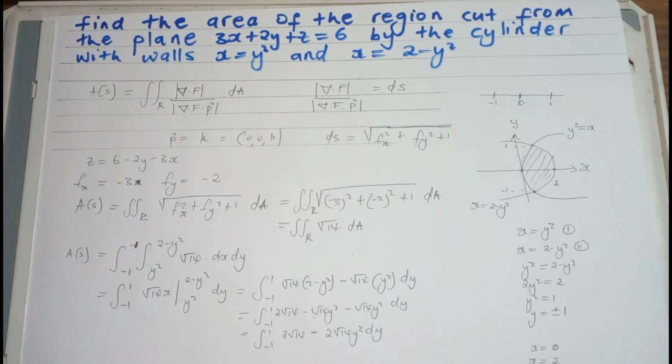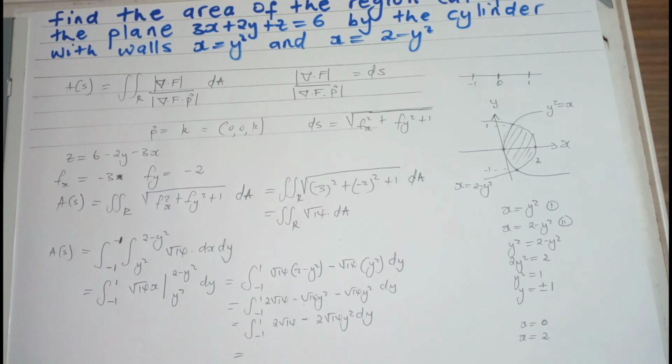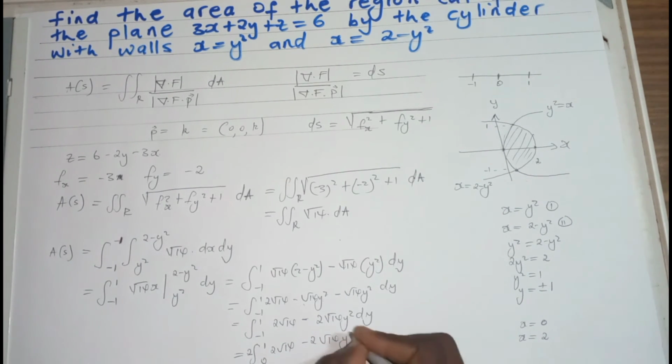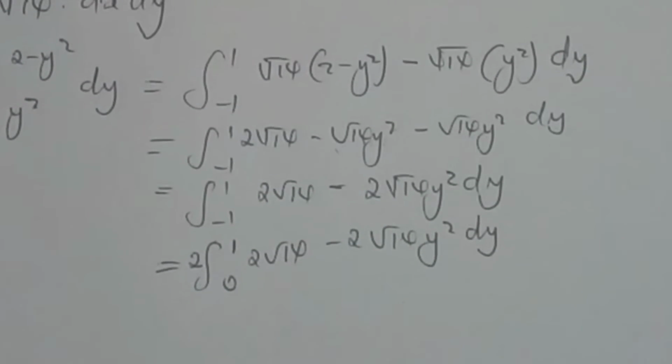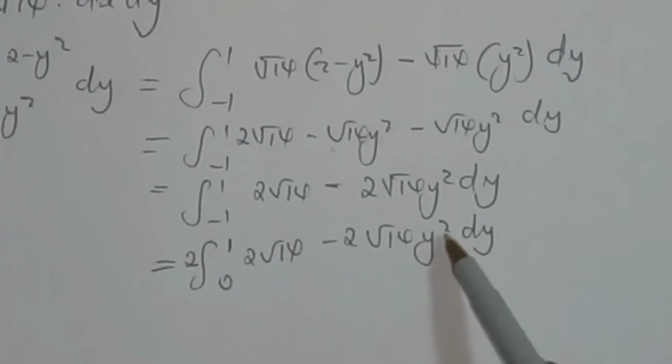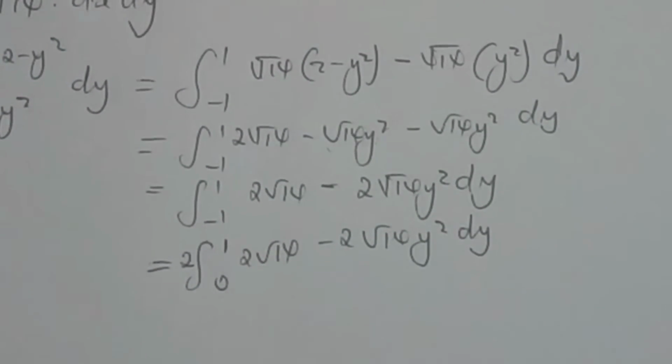So now I'm going to integrate from 0 to 1, but multiply by 2 because of the symmetry, giving 2 root 14 minus 2 root 14 y squared, dy. Now I'm going to integrate with respect to y, increasing the power and then dividing by the new power.